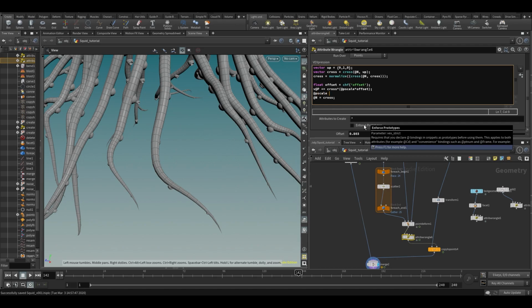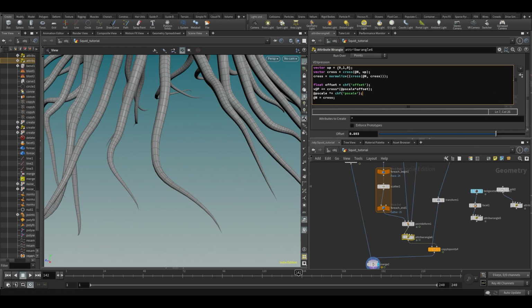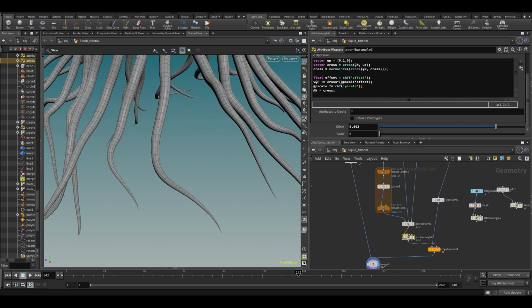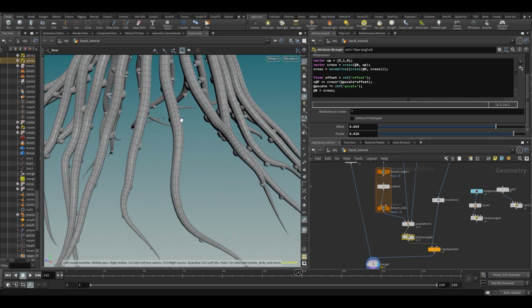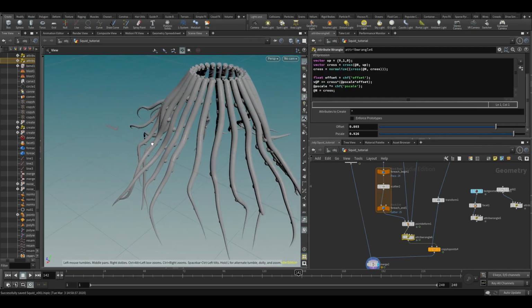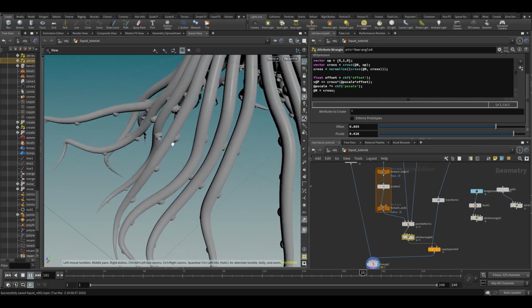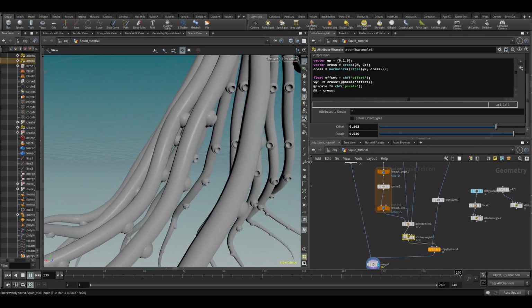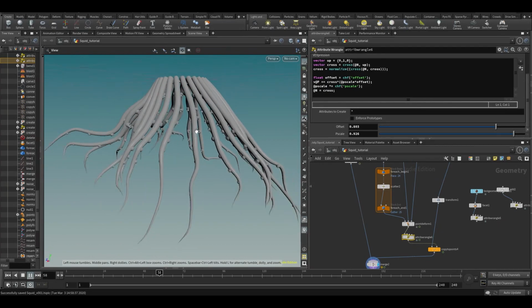So at p-scale times equals, and then general float p-scale. So then we have a multiplier for our p-scale, and this needs to happen afterwards, because else the offset will also be influenced. So now let's have a look. Now we have our little knobs facing inwards.